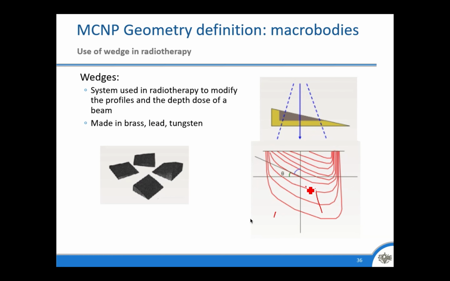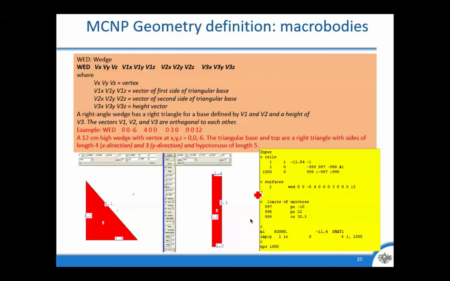And so as MCNP is more and more used in the case of modeling medical devices and radiotherapy devices, this wedge was created finally in order to be able to describe as easily as possible this very specific element that is used in medical application.